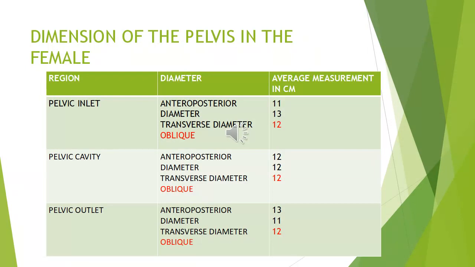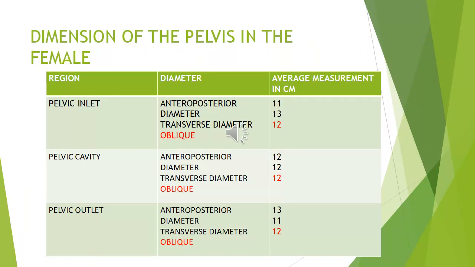So first consider the pelvic inlet. The anteroposterior diameter is also called the true conjugate. It is an anatomical conjugate. Posteriorly, in the case of the pelvic inlet, the bone that you find is the sacral promontory, and anteriorly you will get the pubic symphysis.